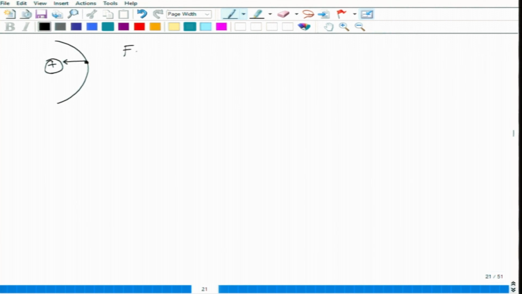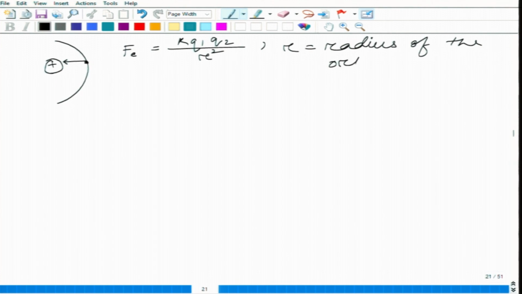So, the Coulombic force is represented as Fe equal to K Q1 Q2 by R square. Here R is the radius of the orbit, the orbit in which this particular electron is revolving.